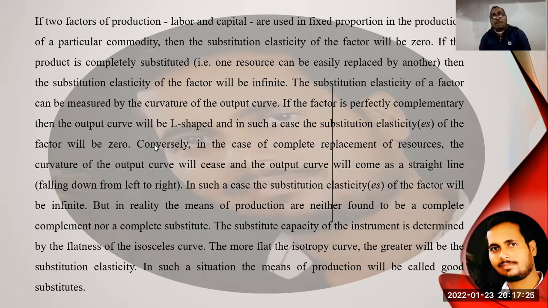The substitution capacity of the factor is determined by the flatness of the isoquant curve. So the flatter the isoquant curve, the greater will be the substitution elasticity. In such a situation, the means of production will be called good substitutes.